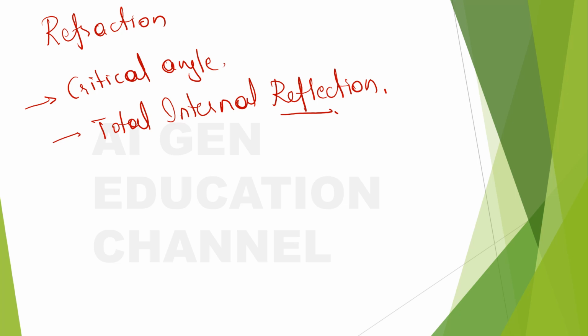This is reflection itself, total internal reflection. Why is it called so? I'll let you know. So the first concept we will be covering is critical angle, and the second concept is total internal reflection. The third concept, if the time permits, we will get to see about dispersion too.